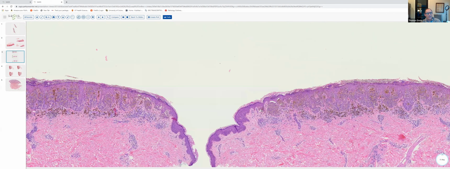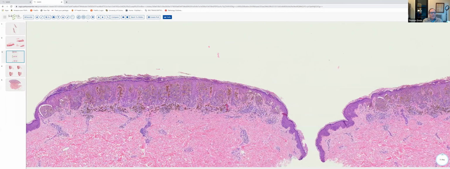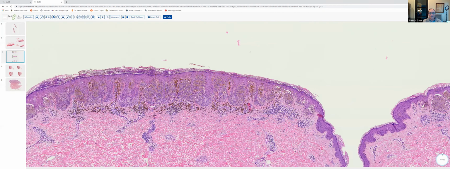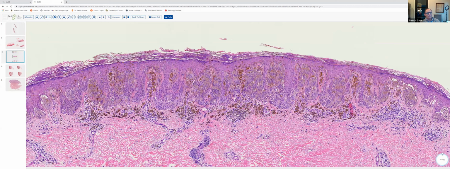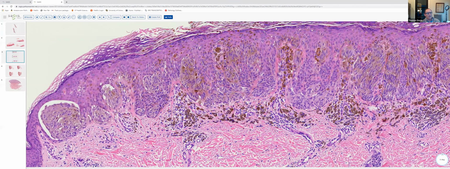And one can see, moving to higher power, that the lesion is composed largely of nests, which are arranged along the dermal epidermal junction. Many of these nests do have a vertical orientation. They're separated from the overlying epidermis in many areas by these clefts.